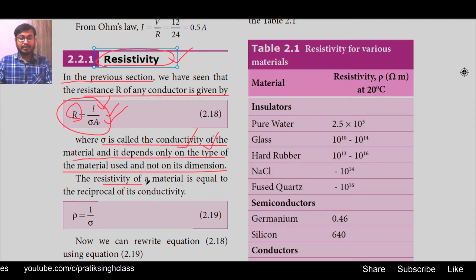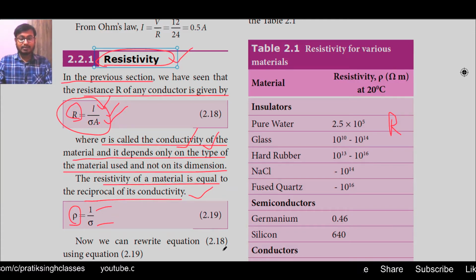The resistivity of a material is equal to the reciprocal of its conductivity. That is, we can say that resistance and conductance are reciprocal of each other, or resistivity and conductivity are reciprocal of each other. So we can write rho = 1/sigma.